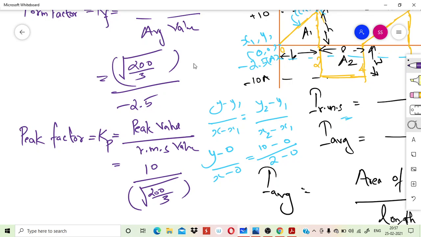So this will be your peak factor. The peak factor is also known as crest factor, because another name for peak is crest. So that is also done.